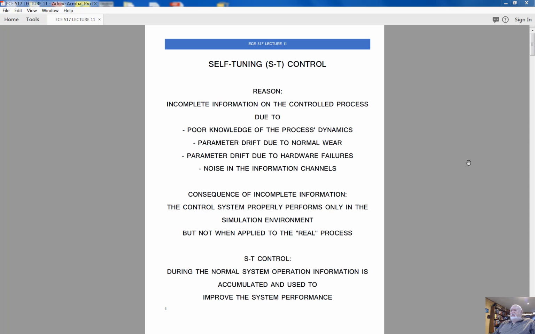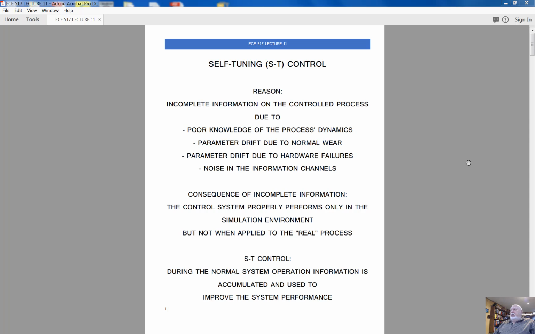Battlefield damage is a very good example of the need for self-tuning control. Noise in the information channels takes place, and as a consequence of incomplete information, we use our best knowledge of the controlled plant.